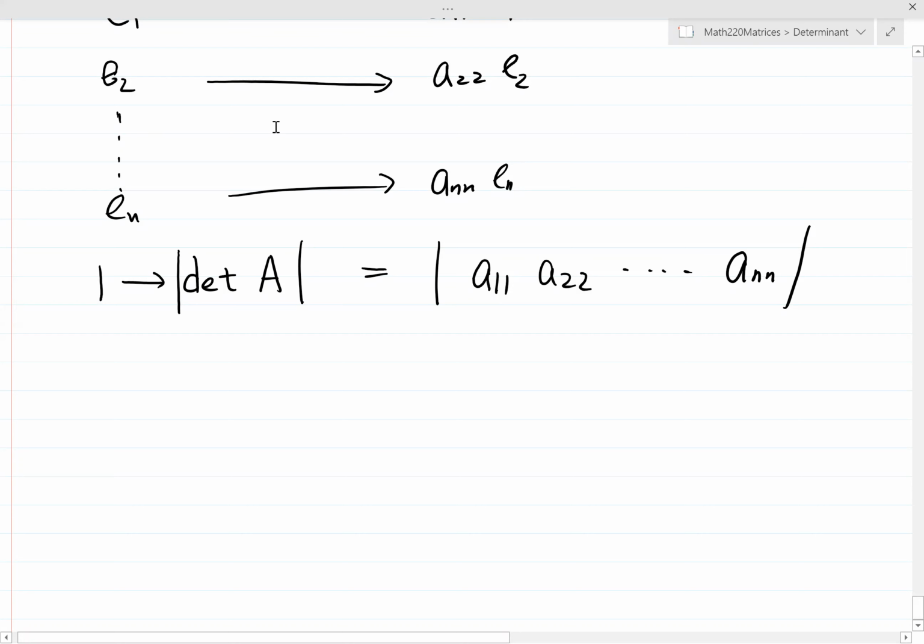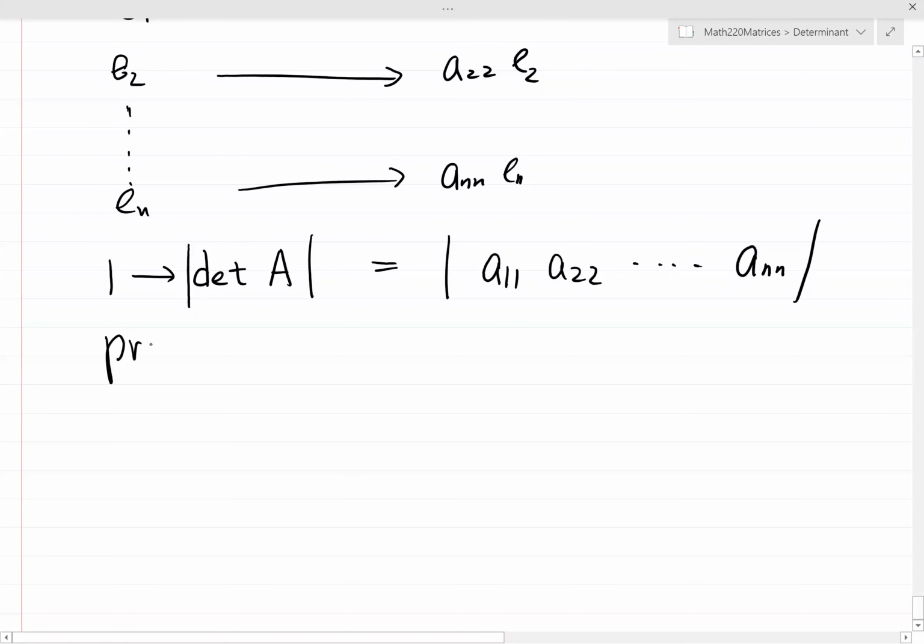So you plug in the unit box and see what you output, the volume of the output image. So, properties of determinant.